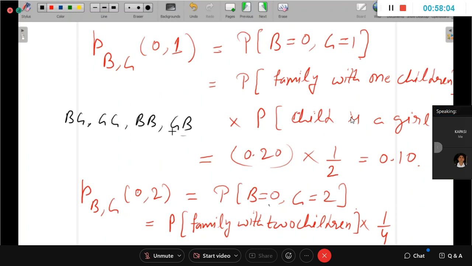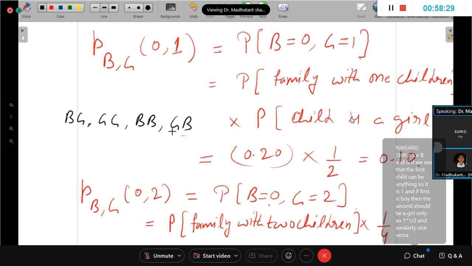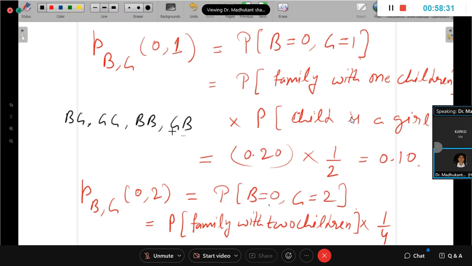Sir, why are we going to see the cases, they are equally likely though. Okay, but when you are looking in particular, how many possible outcomes are there? So the total family is 2. We are not looking at the particular case that the first is boy and the second is girl, or the first is girl and the second is boy.